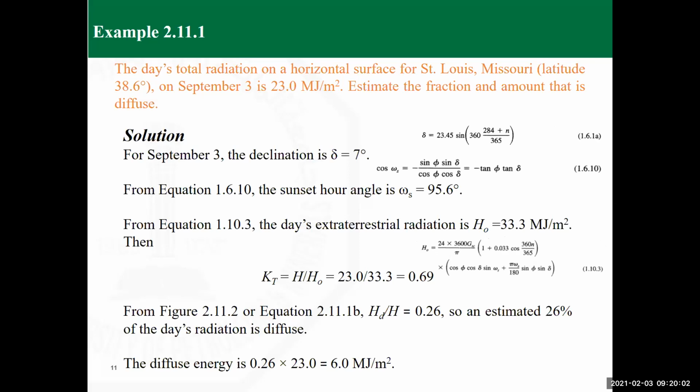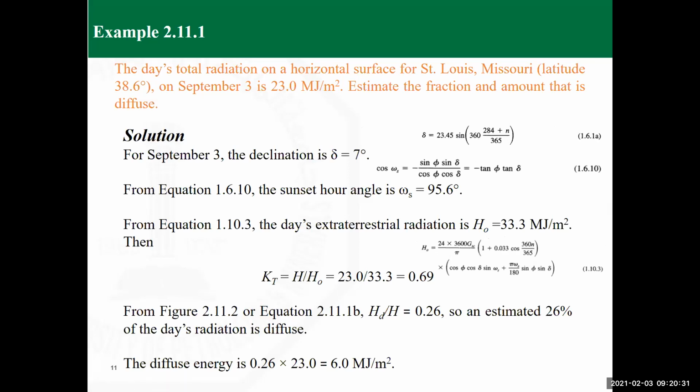Accordingly, we can come up with the value of delta. I just brought the equations where we need these values and put them here as a reminder for us. So delta is calculated from this equation. It's a function of the day of the year, which here is September 3. There is a table, I think it's table 1.1 in chapter 1, where you can go back and see what September 3 is in terms of the day of the year.